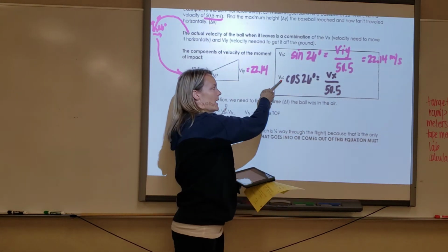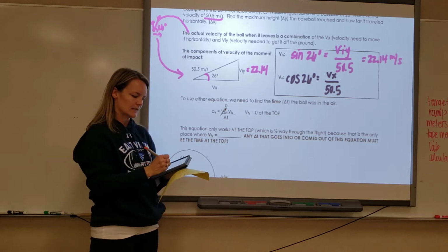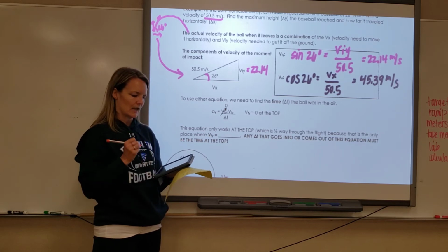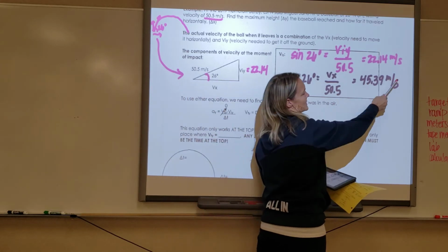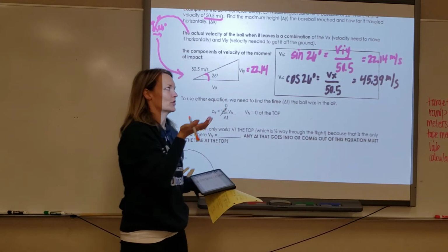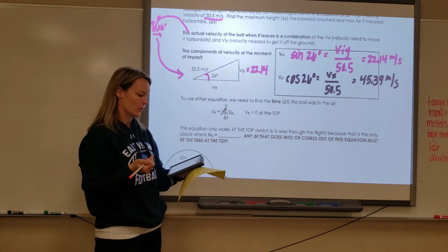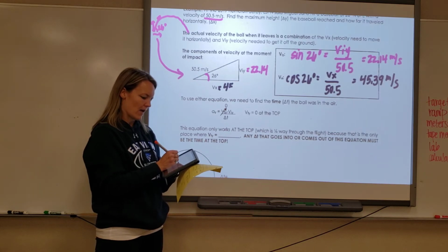I multiply off the bottom, so I take 50.5 times the cosine of 26 degrees, and I find that to be 45.39 meters per second. So when you look at the different velocities, a lot of the velocity is being used to push it outward and not as much to push it upward. So it's not going to be as high, it's going to be longer when we solve for those. So Vx is 45.39.